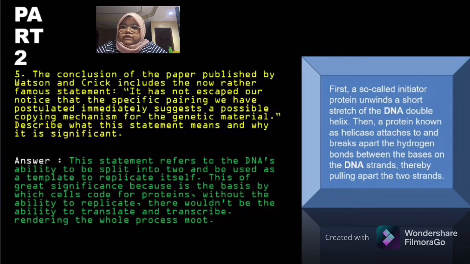This statement refers to DNA's ability to be split into two and be used as a template to replicate itself. This is of great significance because it's the basis by which cells code for proteins. Without the ability to replicate, there wouldn't be the ability to translate and transcribe, rendering the whole process impossible.